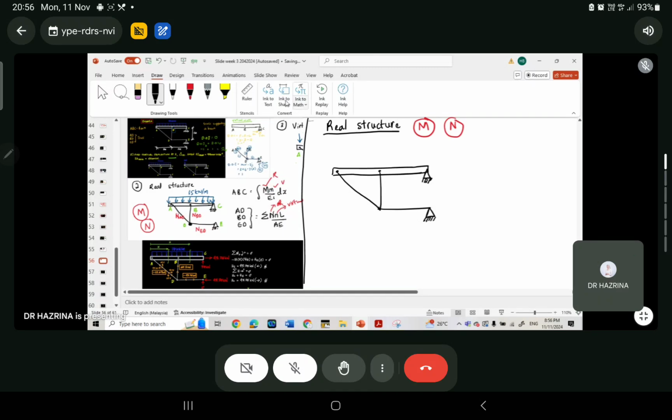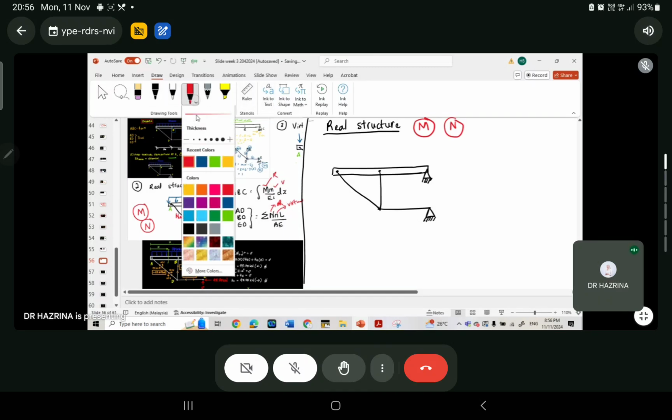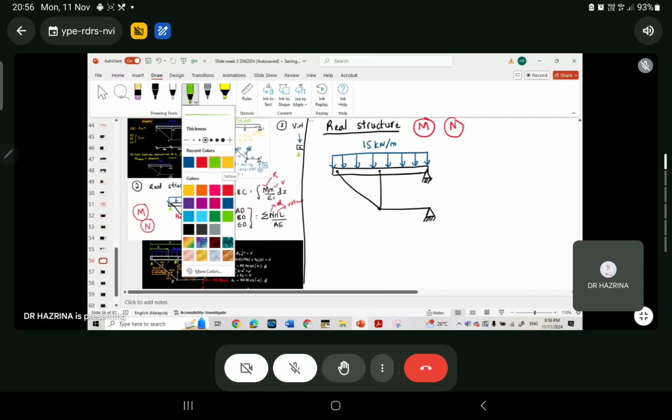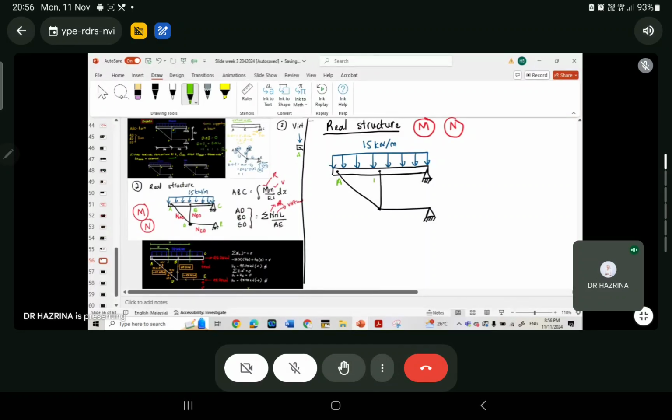So you have the load, which here is 15 kilonewton per meter. Again, you have A, B, C, D, and E.